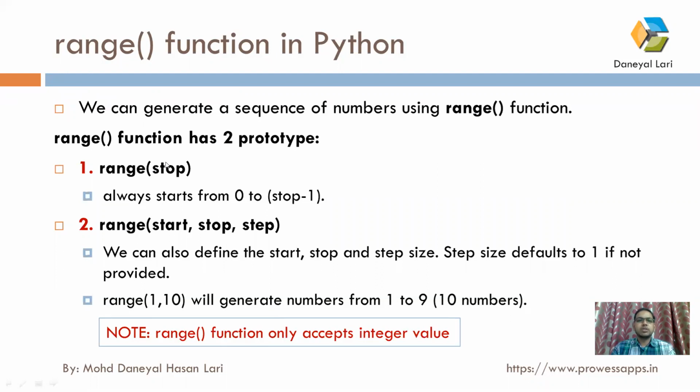So where you want to stop that sequence, you will provide that number. And this range function always starts from 0, and will stop at stop minus 1.